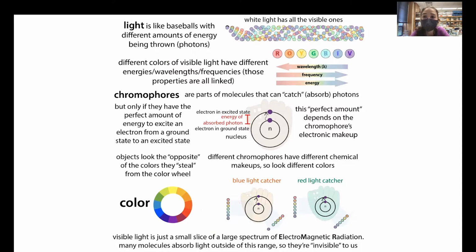And because light only comes in those exact sizes, instead of thinking about balls, you could think about different denominations of money. If you have nickels and dimes and quarters and dollars flying at you, those electrons will want different prices. And so they'll only take specific ones, and different molecules will take different ones. And so this will give you information about the molecules.